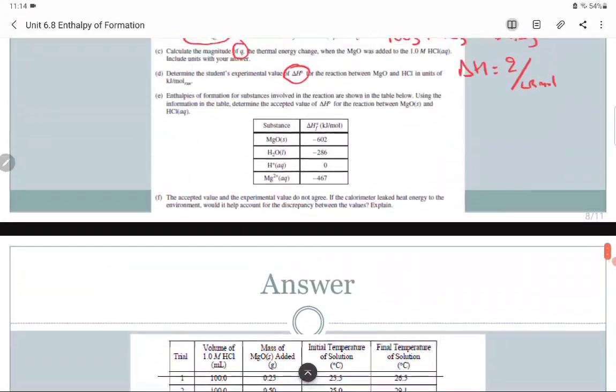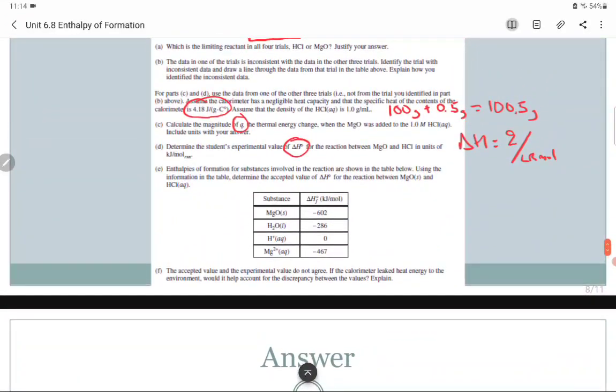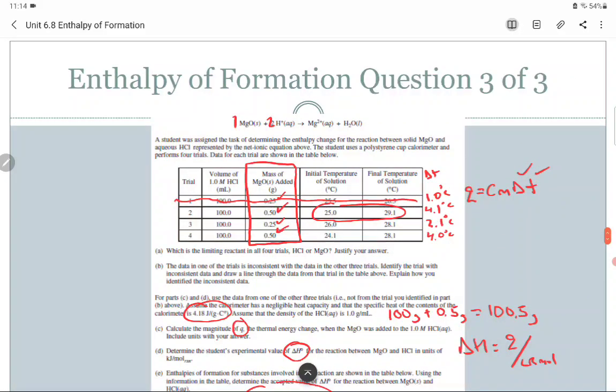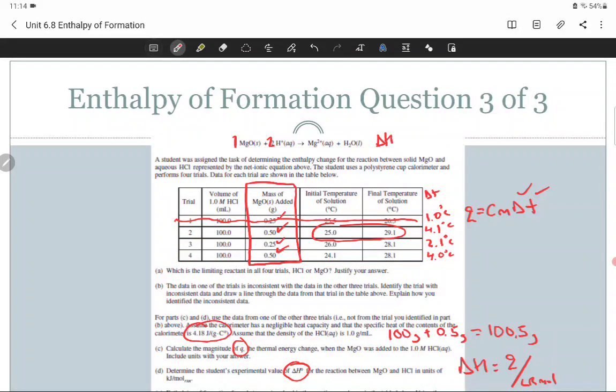And we're almost done here. Part E, now this is why I put this in this section. Enthalpy of formations are given, and this is very typical of how it would be on the test. Here is a little table, not the textbook, but a little bit of a table, and then you are to determine the delta H of that reaction.